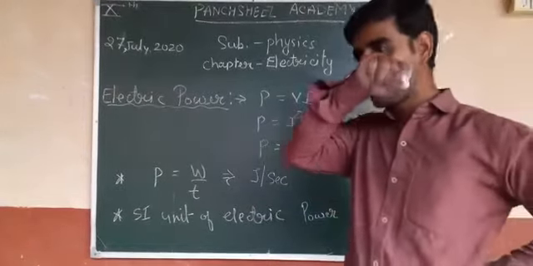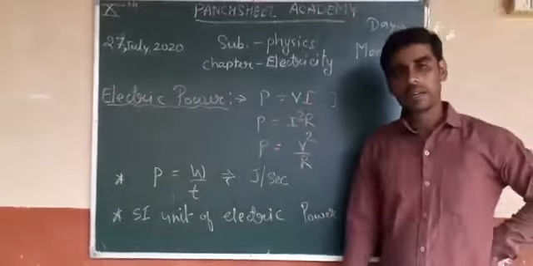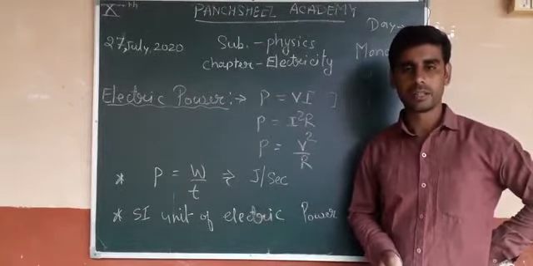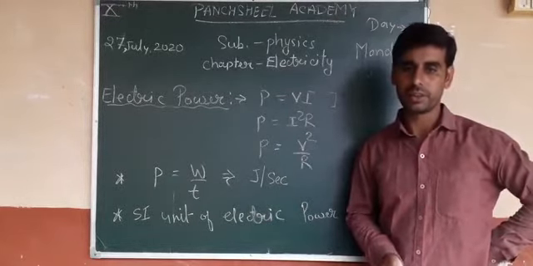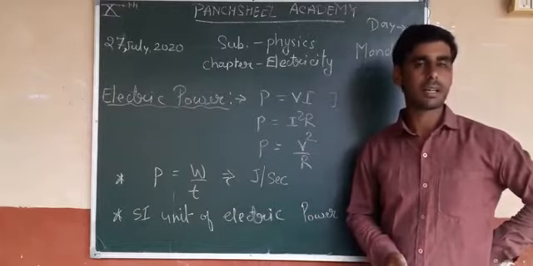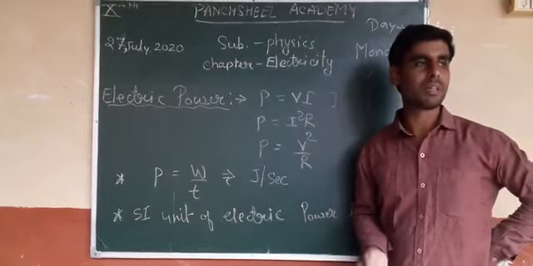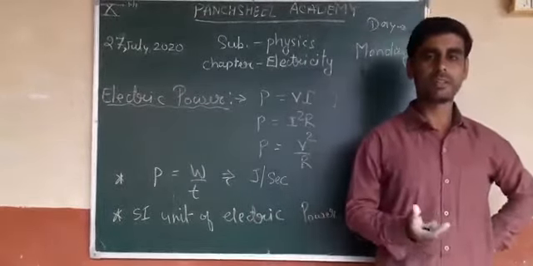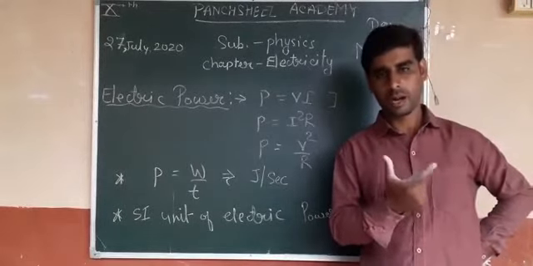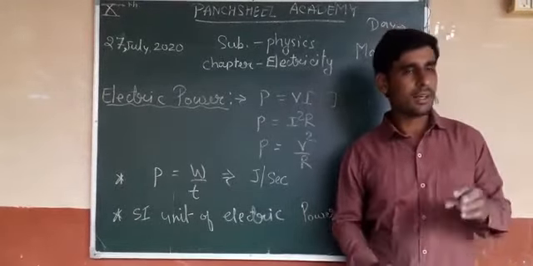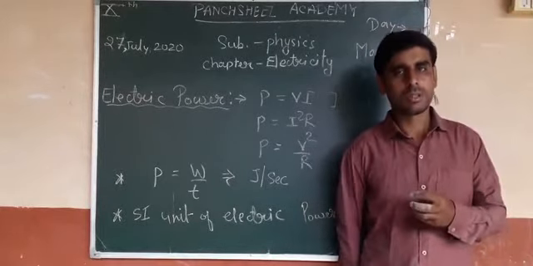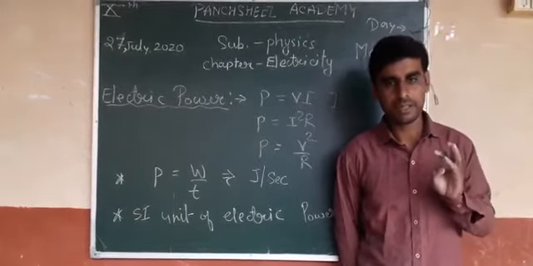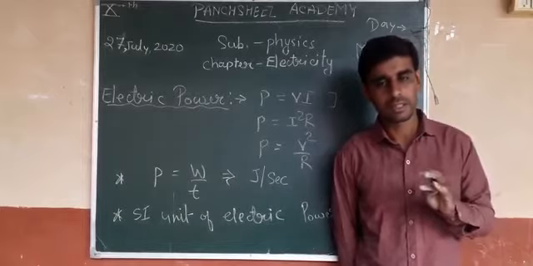So in our household appliances, these consume electrical energy, as shown by our electric meter or energy meter, which hangs outside of the house. In our home, suppose one appliance is an electric bulb, second an electric fan, TV, refrigerator, heater.